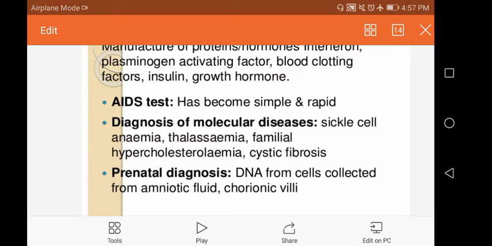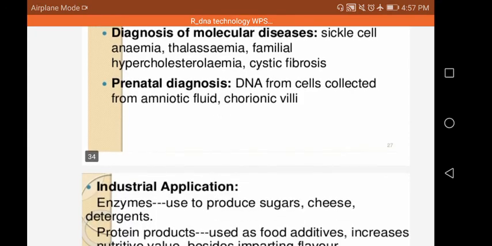Diagnosis of molecular diseases like sickle cell anemia, thalassemia, familial hypercholesterolemia, cystic fibrosis. Prenatal diagnosis: DNA from cells collected from amniotic fluid and chorionic villi.